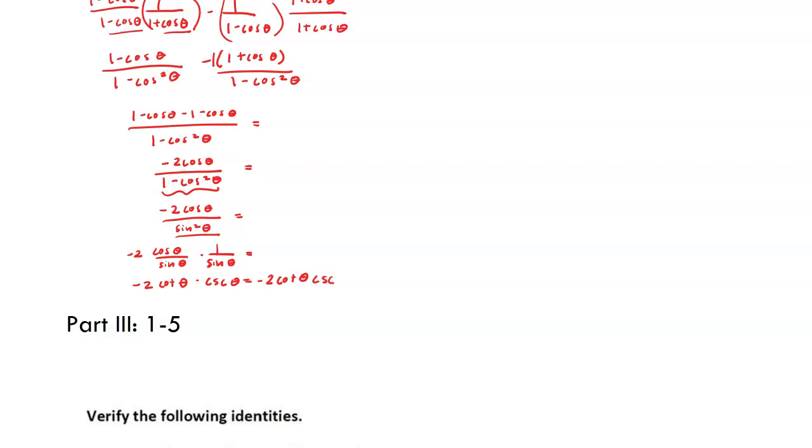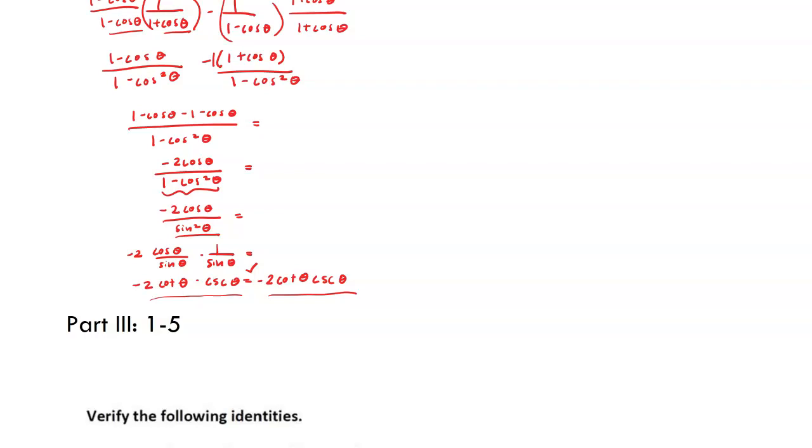and cosecant of theta. One of the big things that I saw in your quizzes while I was grading: everybody in A-Day did well on their quiz, but I didn't count off for this. You have to have this final step where the left-hand side equals the right-hand side.